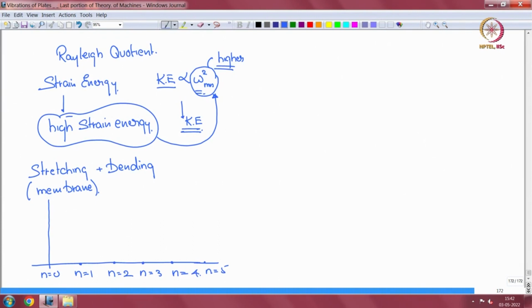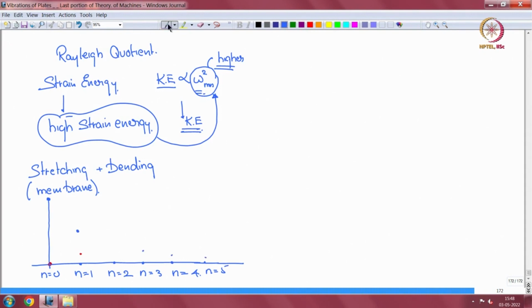So if I look at the n equal to 0 mode, there is a lot of stretching energy, strain energy due to membrane stretching. And we will say that there is not much bending, red will be bending. Okay, I did not show n equal to 1, but n equal to 1 will have a little less stretching and a little bit more bending.